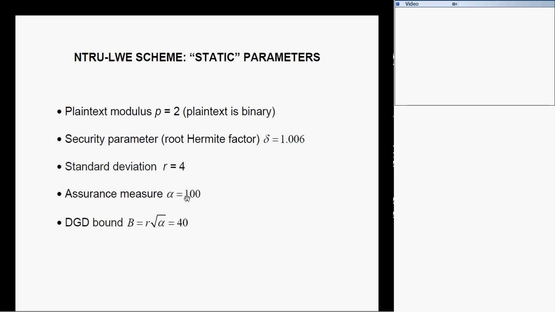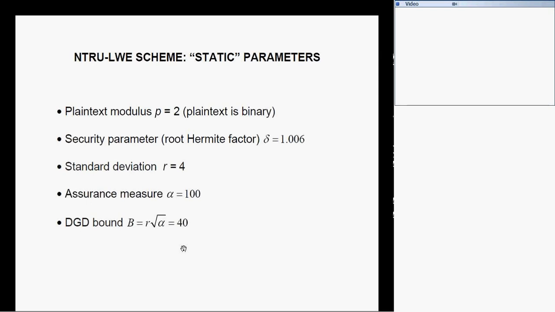Generally speaking, for alpha equal to 100, the probability that the coefficient will be outside bound b is 2 to the power of minus 100 plus 1. In other words, it's 1 divided by approximately 2 to the power of 100.